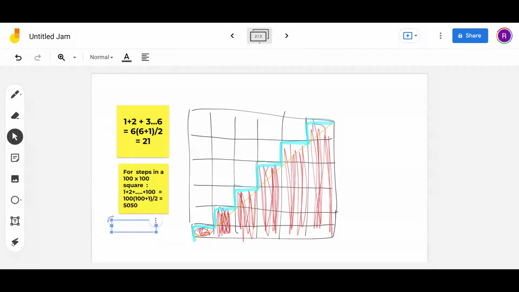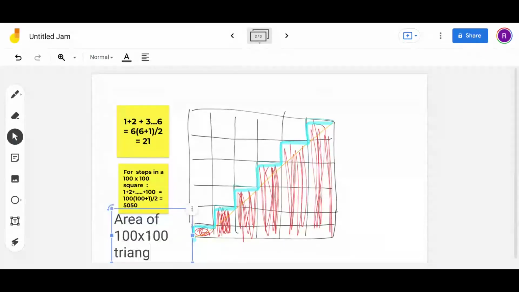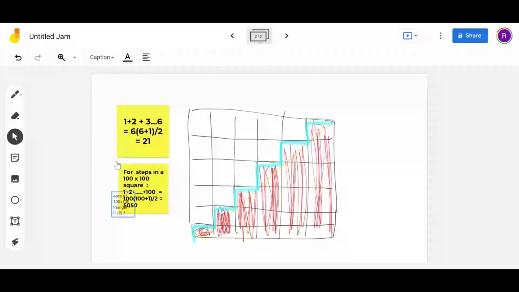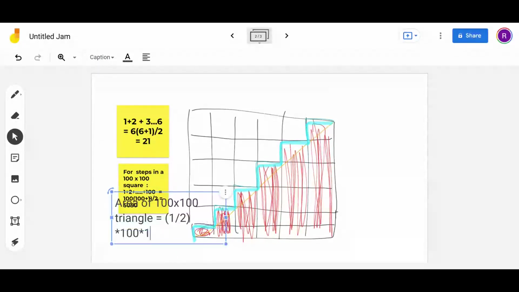Area of a 100 by 100 triangle is half times 100 times 100, which is equal to 5,000.